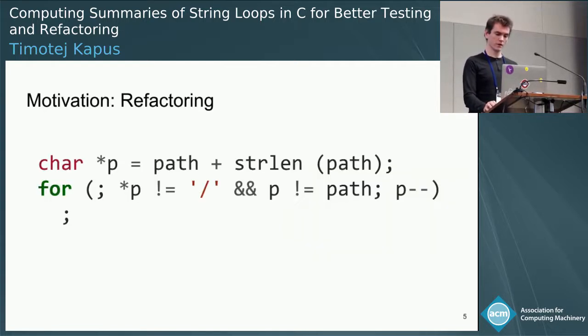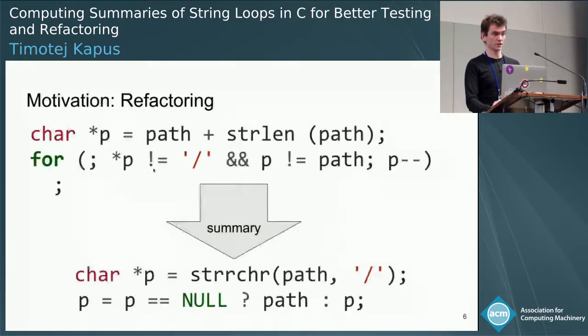If we look a bit further into these motivations, for refactoring, consider a different loop, which is a bit more complicated, which iterates the string path from the back up to the first forward slash. This is basically a strrchr function, which looks for forward slash, but it has a slightly different handling of the case where forward slash is not found.